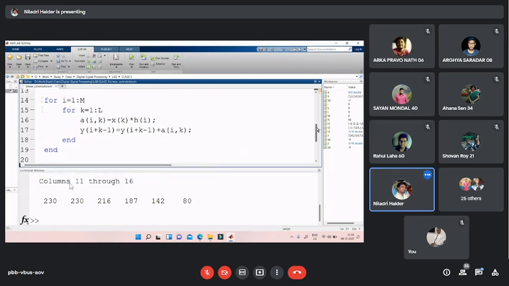You have to do the other part on your own. I think you have all got it, how to write the code. I am giving you the main program part, that is the for loop, and the other part you have to write by understanding it yourself.